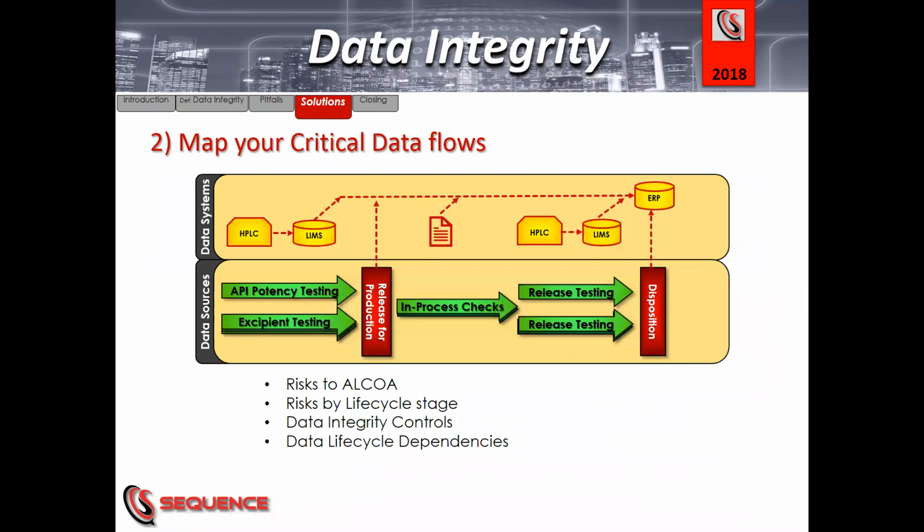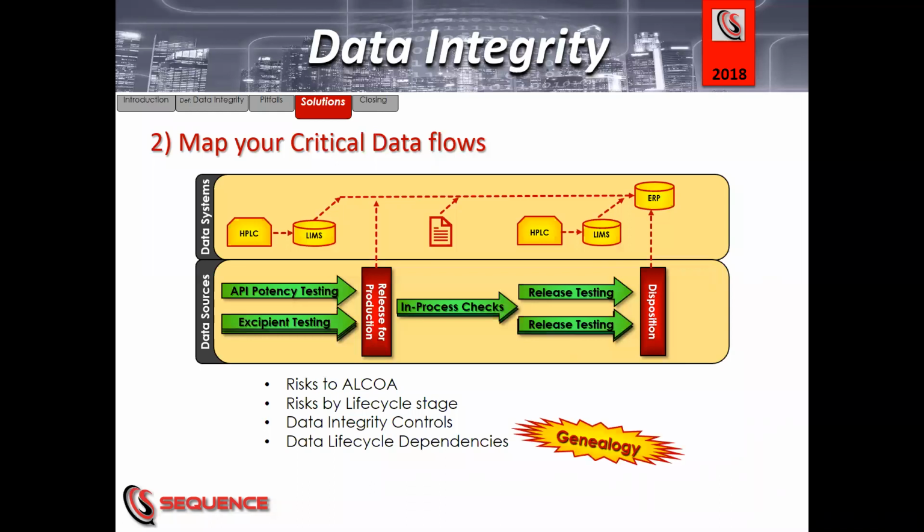Once you build this framework and consider your data flows, you'll have a modular approach to assuring data integrity, which not only helps make sure you have data integrity, but will also improve your inspection readiness.